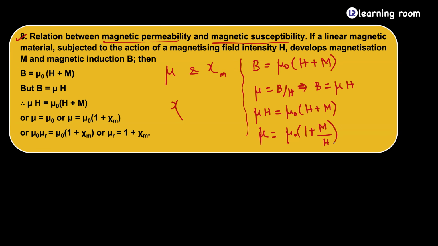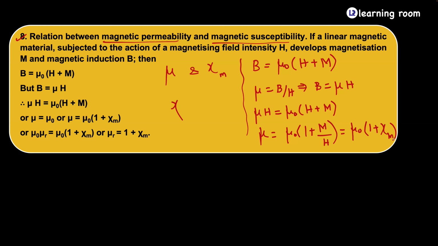Am I right? So mu is equal to mu naught into 1 plus what is M by H? That is what the susceptibility is. That is what they asked: the relation between magnetic permeability and magnetic susceptibility. So mu is equal to mu naught into 1 plus chi m.